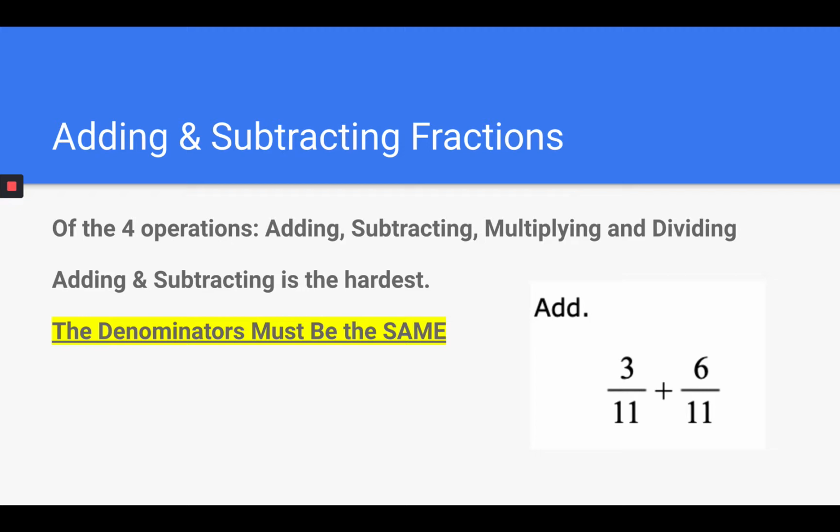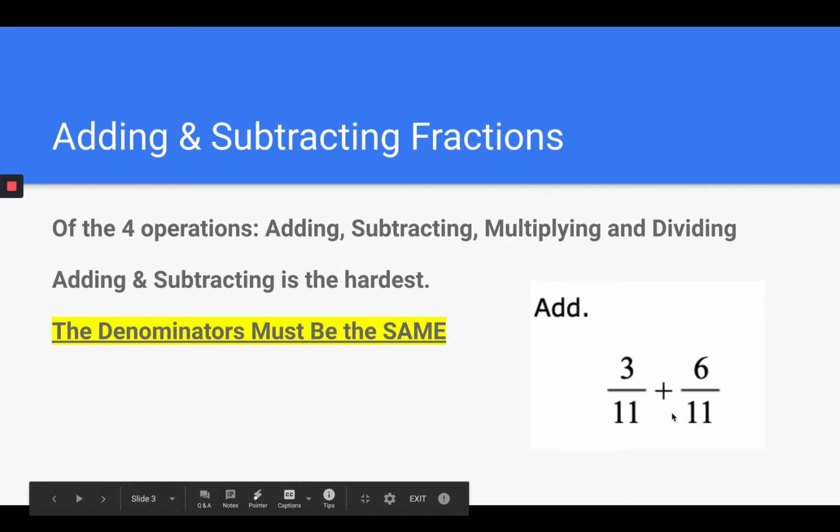So, just a quick preface. Of all the four major operations in math, adding, subtracting, multiplying, and dividing, I think adding and subtracting fractions is the hardest, which is unusual because usually adding and subtracting is easy. But if there's one thing you remember from today, it's that in order to add or subtract a fraction, the denominators must be the same.